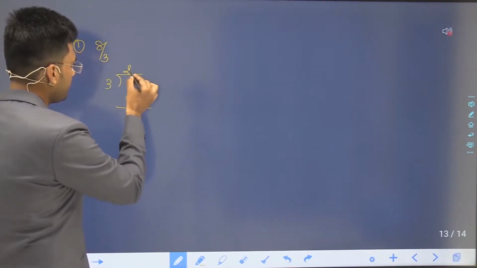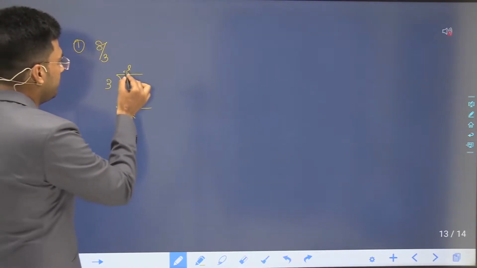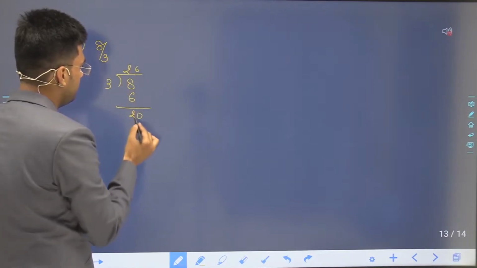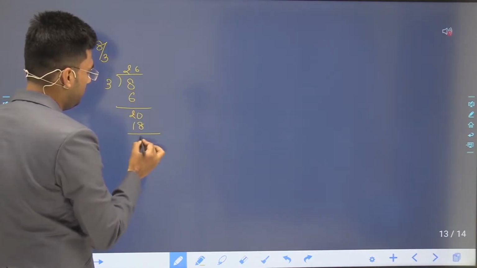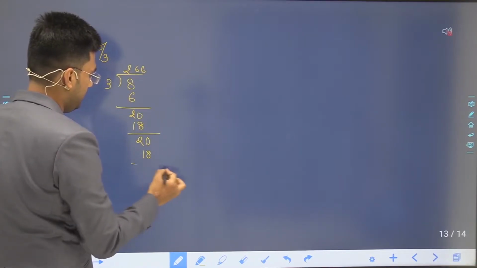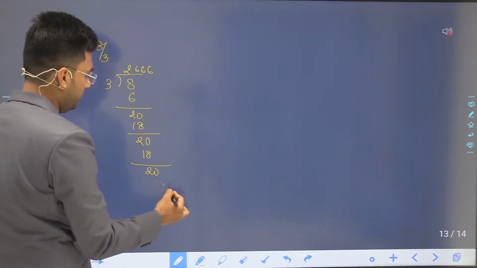Again 2 cannot be divided by 3, so let's take the decimal. Then it is 20, 6 times 3 is 18, remainder 2, again 20, 6, 18, 2. That means it goes on continuing like this.